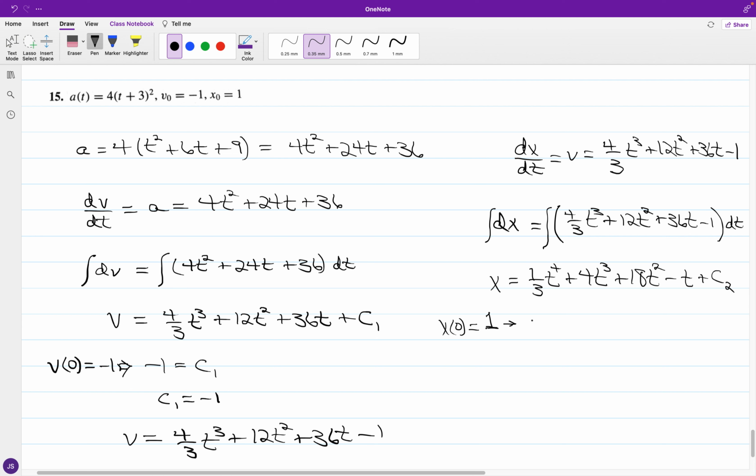So we have x naught is equal to 1, and with t at 0, it's going to turn out automatically that c sub 2 is equal to 1. So for any time t, we're going to have that x is equal to 1/3 of t to the 4th plus 4t cubed plus 18t squared minus t plus 1.